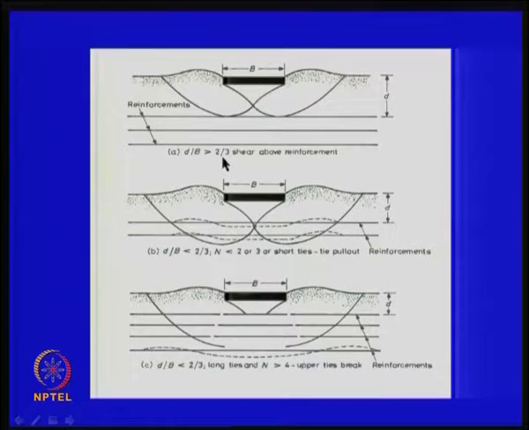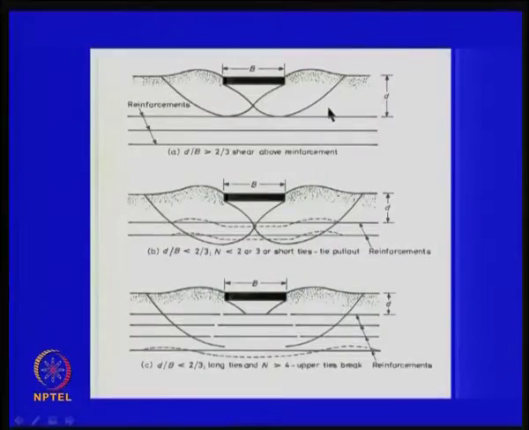So, the obvious thing is you should see that it should not be more than 2/3, it should be say for example 0.5, it could be 0.3. If the reinforcement is somewhat close to that, then it is possible, right. This is one important thing. So, this we call shear above the reinforcement, a failure mechanism.